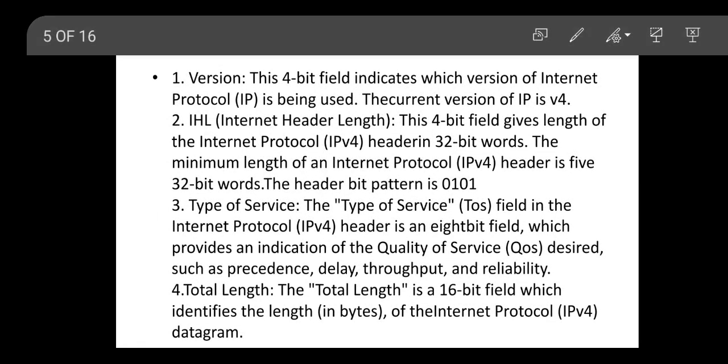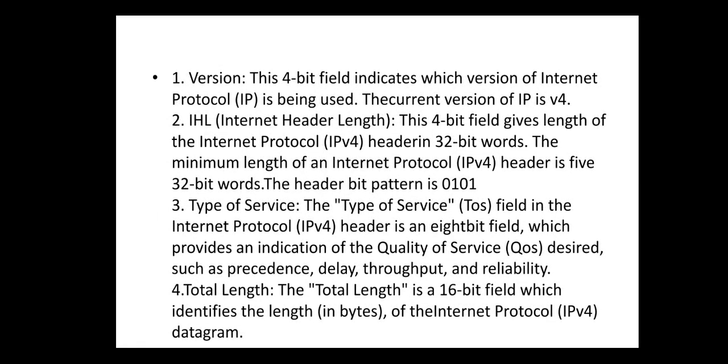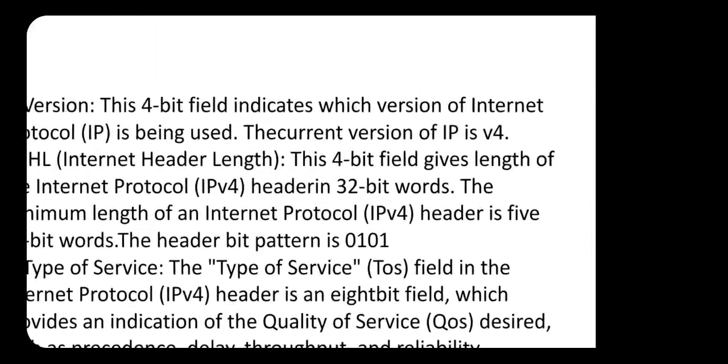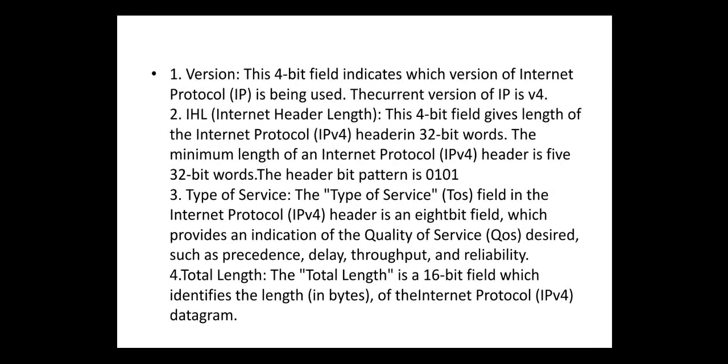That is version. This is a 4-bit field that indicates the version of the IP protocol, that may be IPv4 or IPv6, but here the version is IPv4. Then internet header length.